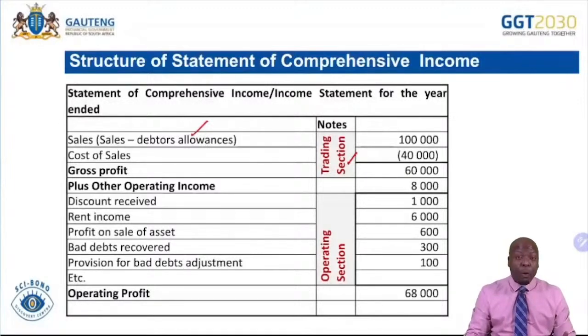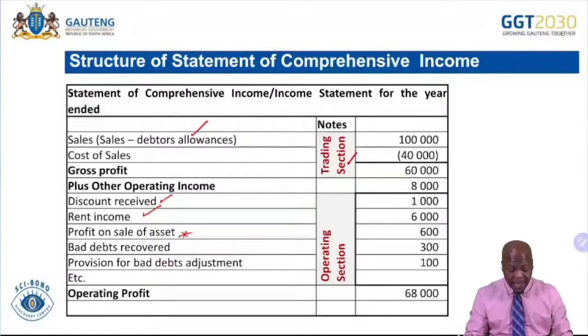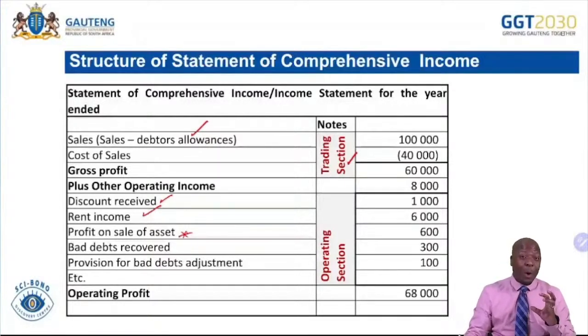And then you have your other operating income, where you have items such as your discount received, your rent income, profit on sale of asset. This is very, very important, as most examiners are bringing this in the papers. And then you also need to look at your bad debts recovered, provision for bad debts adjustment. I will touch on this today as well.